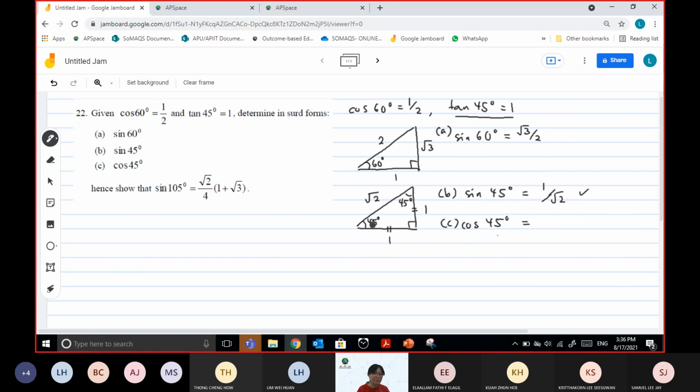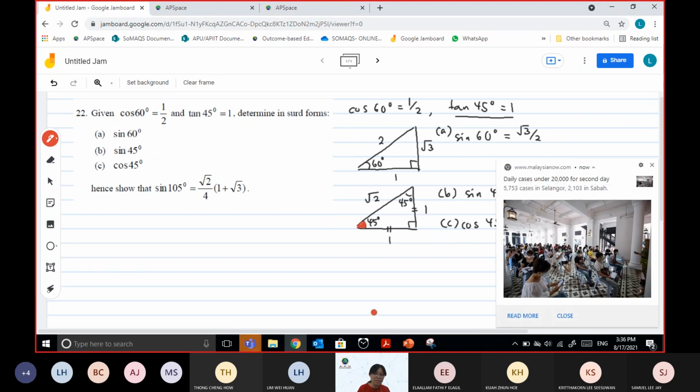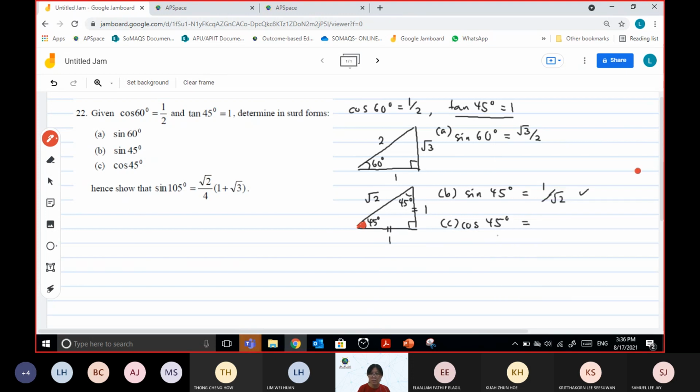Okay, so cos is what? Can you see the angle? You can take one of the angles here, right? So this one is a 45. So what is a cos? Is cos opposite over adjacent, or opposite over the hypotenuse, or adjacent over the hypotenuse?